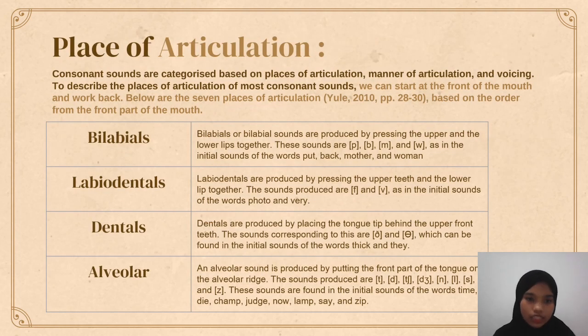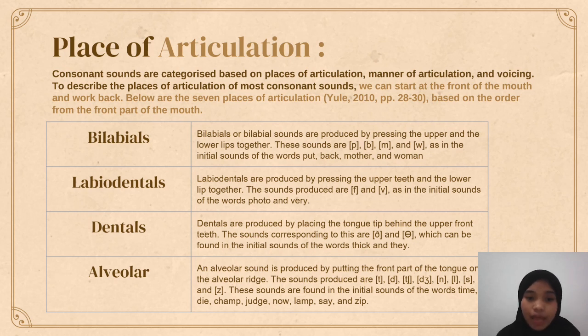So the next is place of articulation. Consonant sounds are categorized based on place of articulation, manner of articulation, and voicing. To describe the place of articulation of most consonant sounds, we can start at the front of the mouth and work back. Below are the 7 places of articulation, from the front part of the mouth.